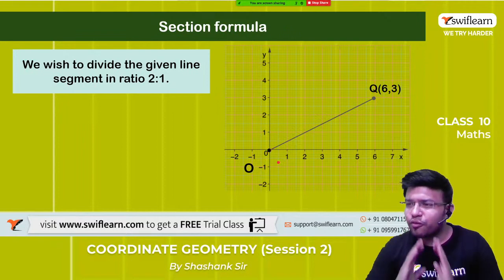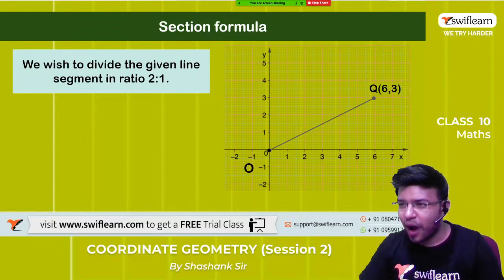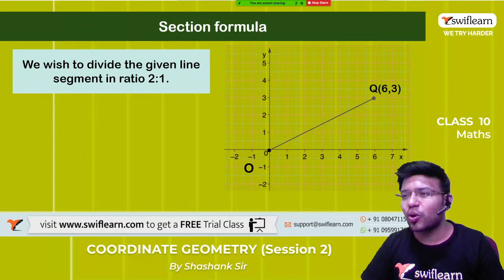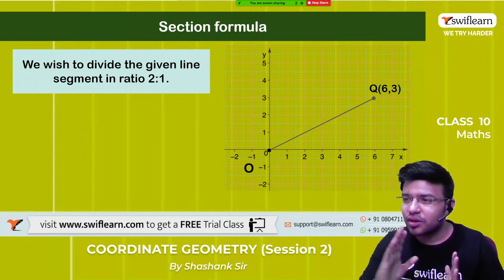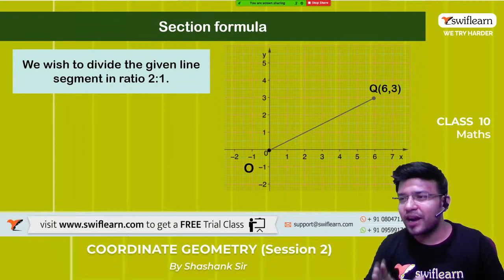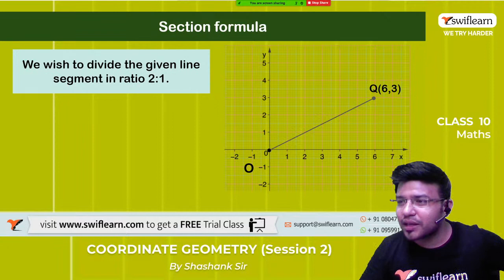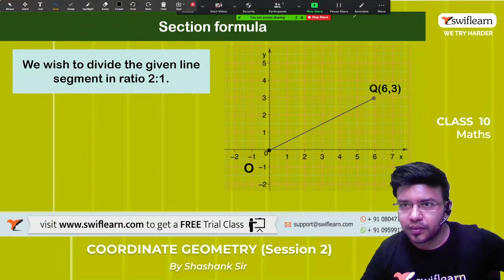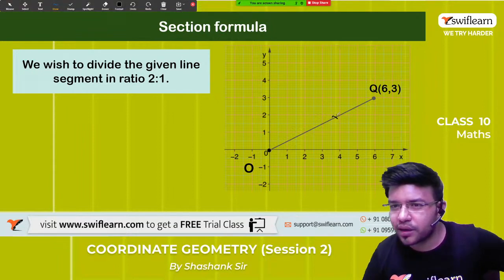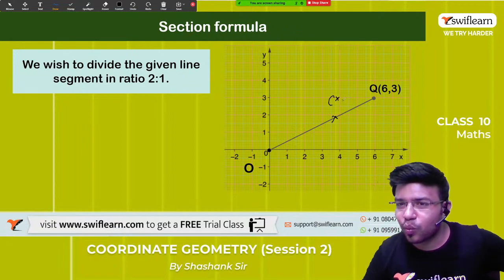Okay, now we wish to divide this line. Just like you share chocolates in half, we divide the chocolate exactly by 1:1 ratio, right? So same thing, same concept, dividing this line. Okay, we want to divide this line segment in the ratio 2:1. Means suppose let there be this point. Okay, let its coordinate be x and y.